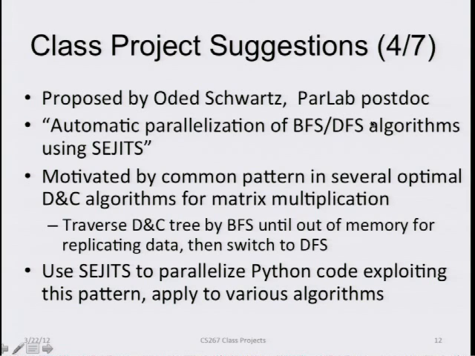And finally, when I run out of either memory or processors, I switch to depth-first processing of the tree. This turns out, if you do it right, to lead to provably optimal algorithms for a variety of linear algebra problems, but it's come up so often, it seems to be the right kind of thing to automate, so that somebody can just say, here's a divide and conquer algorithm, please use this pattern of switching between breadth-first and depth-first search to automatically parallelize it.